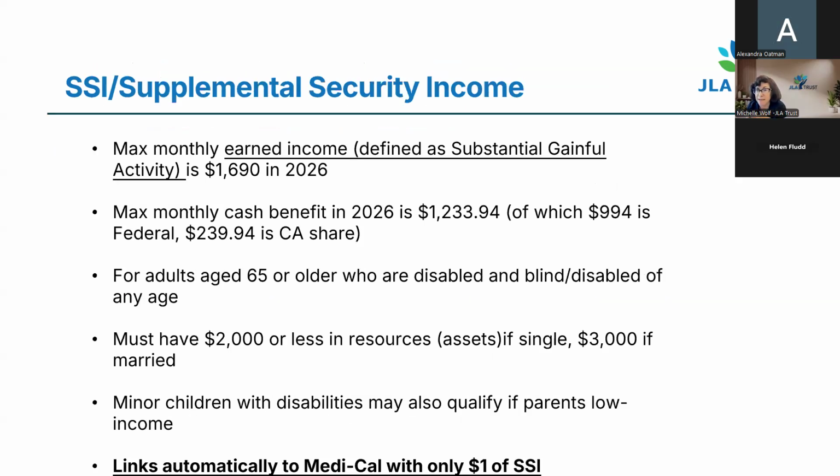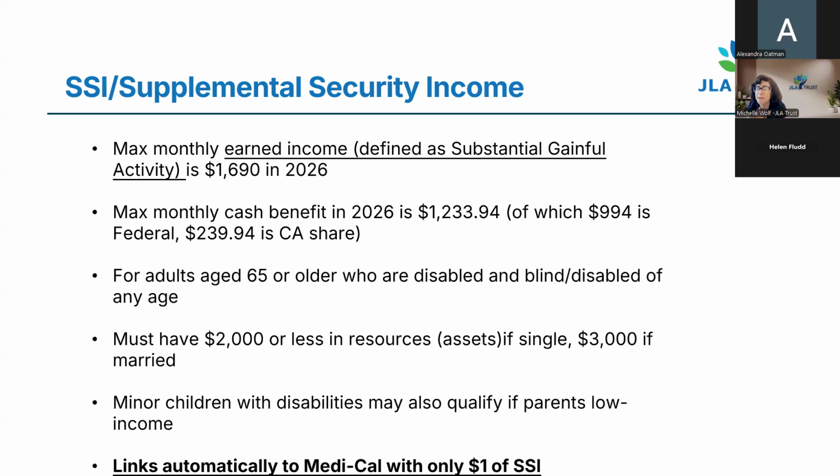So what is SSI? It's Supplemental Security Income. The maximum monthly earned income is $1,690. So there's a myth that you cannot work and receive SSI.